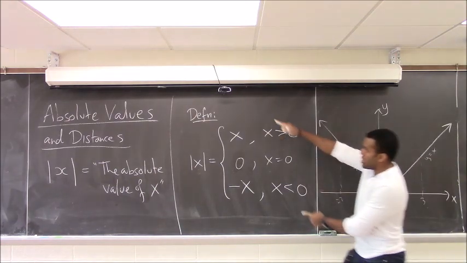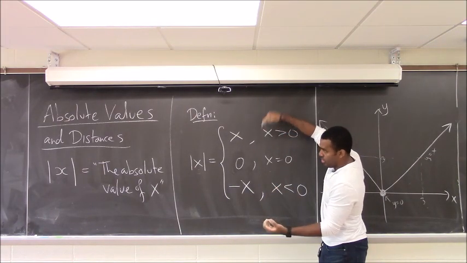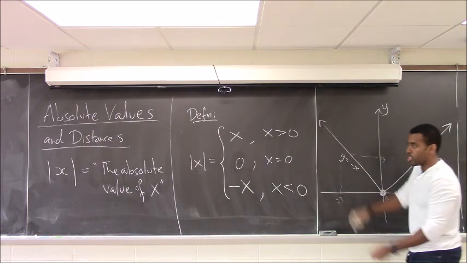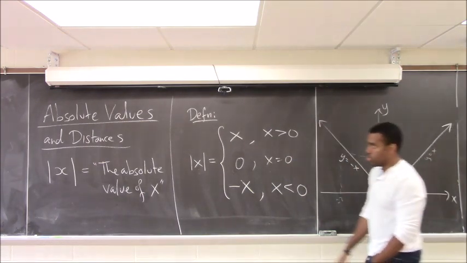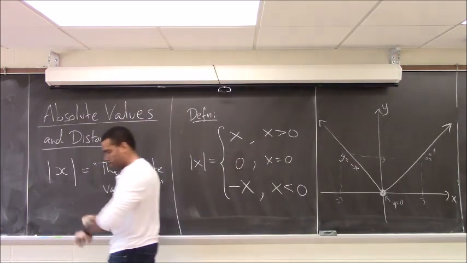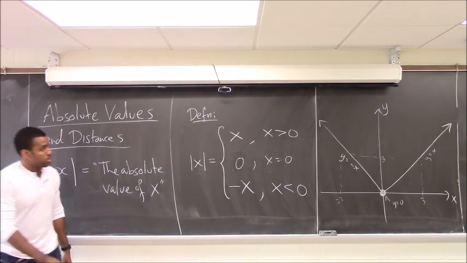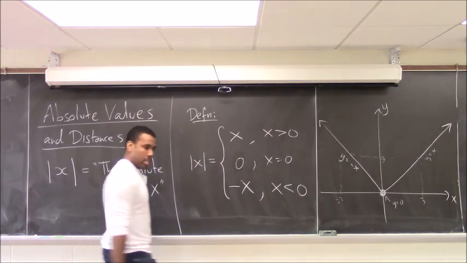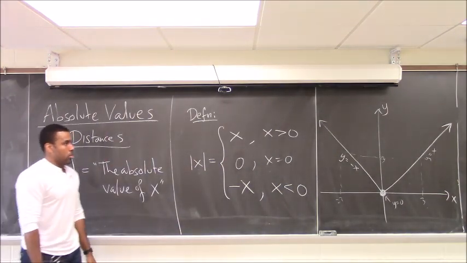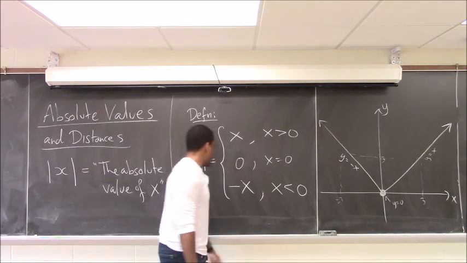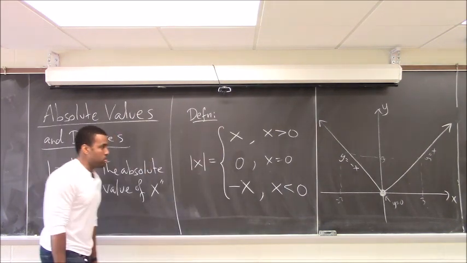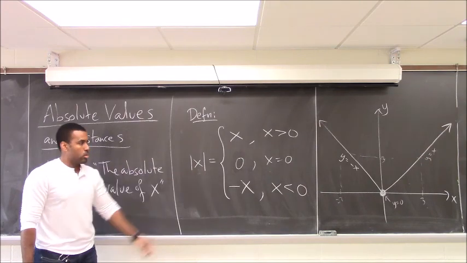So whether you plug in a positive or a negative number, the absolute value gives you the positive version of the number because it's actually describing a distance. So it looks like a V. So that's the absolute value function. So knowing it as a distance is useful a lot of the times, but most of the times, this definition is going to be very, very useful.